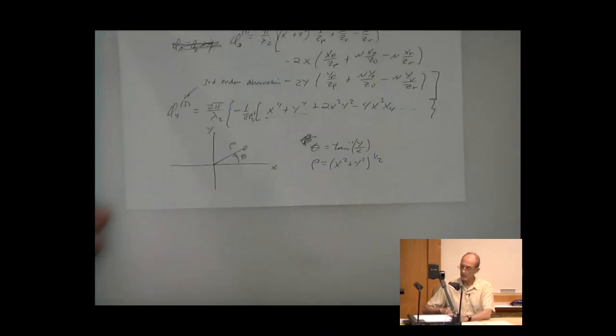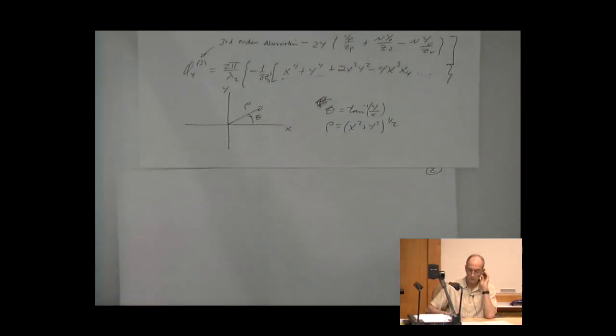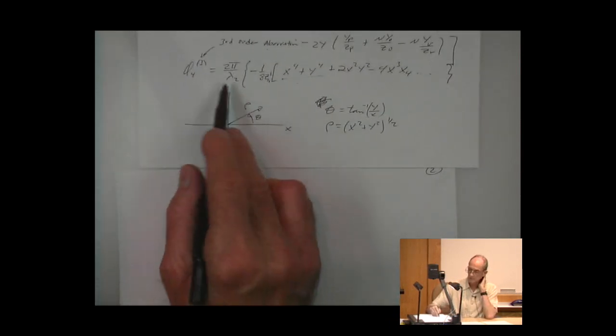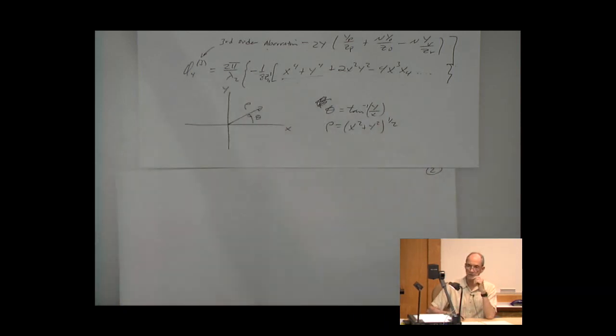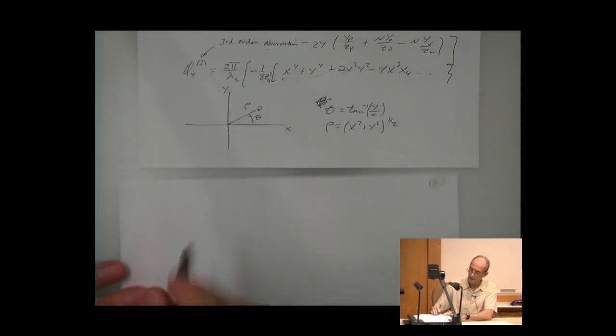All right. So if we put things in circular coordinates, we can then rewrite this third order aberration term in the following way.